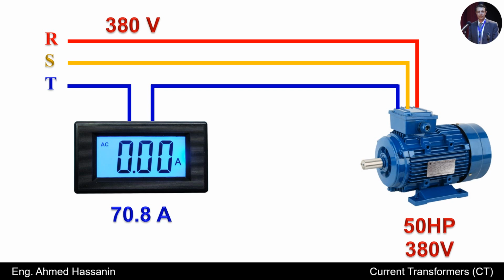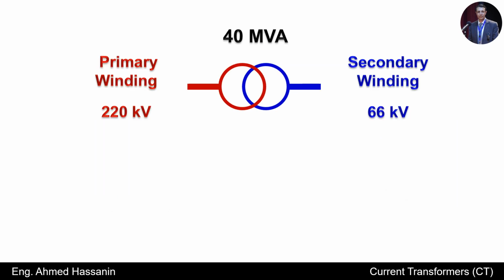Don't forget that in all the previous steps, we measured the electric current by connecting the ammeter directly in series with the line or the cable. Last example.